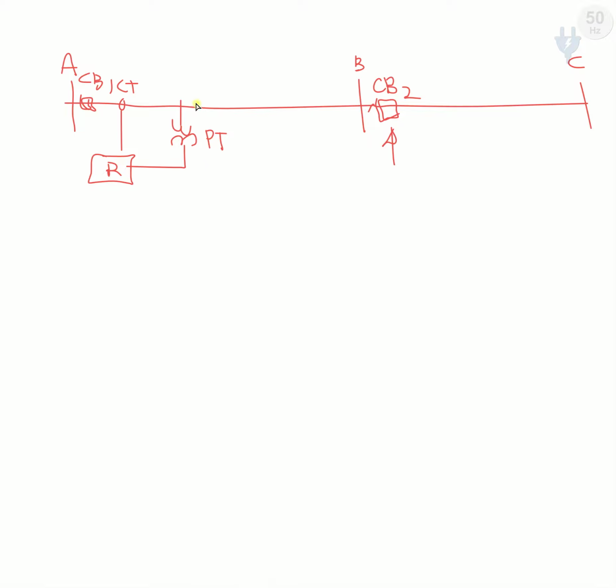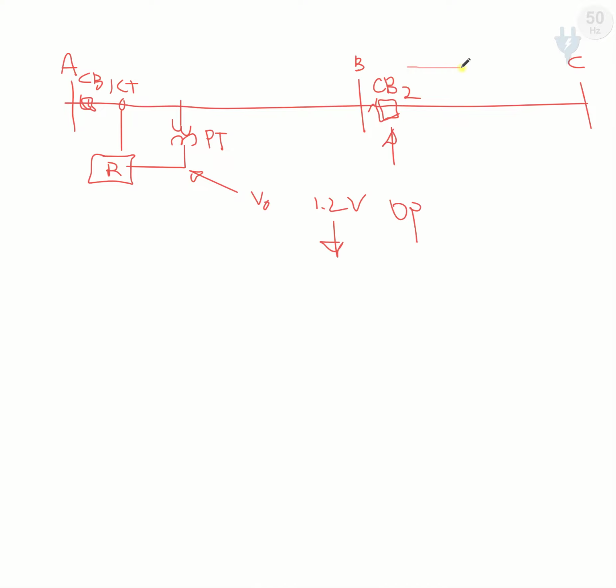Due to the opening of circuit breaker 2, the zero sequence voltage detected from the PT, which we already discussed may have an operational value of 1.2 volts, may change.